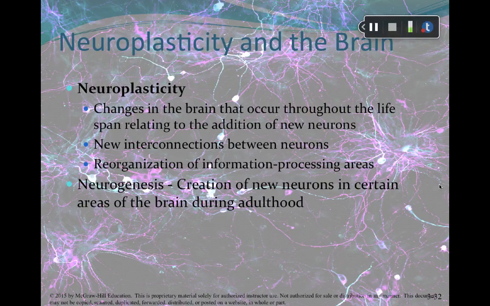So neuroplasticity, another one of my favorite things to talk about, it's the changes in the brain that occur. It's the creation of the new interconnections between the neurons. It's how things reorganize. Neurogenesis is when new neurons are created in areas of the brain during adulthood.